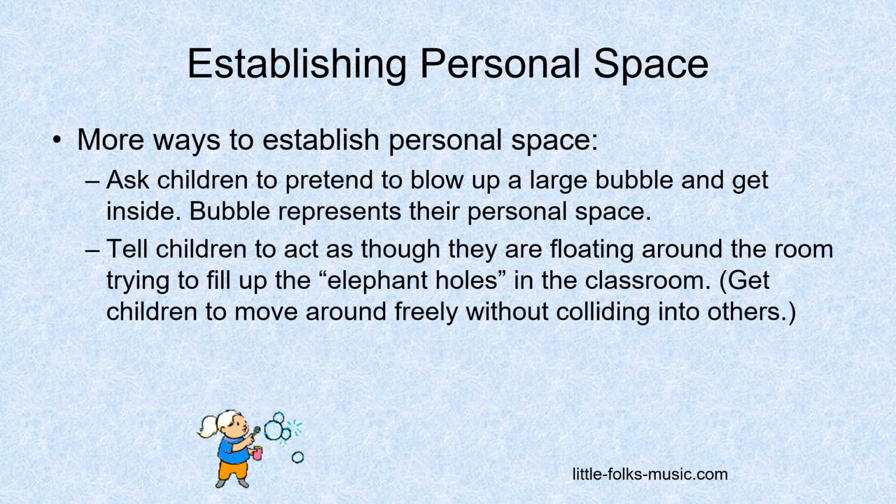In other words, spaces where no one else is occupying. This way you can get children to move around without bumping into each other and experiencing any safety hazards. So this is a more creative and more visual way for many students to understand the idea of personal space.